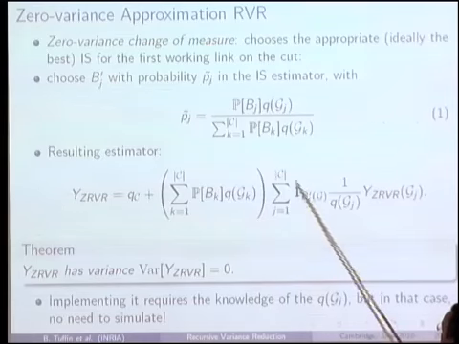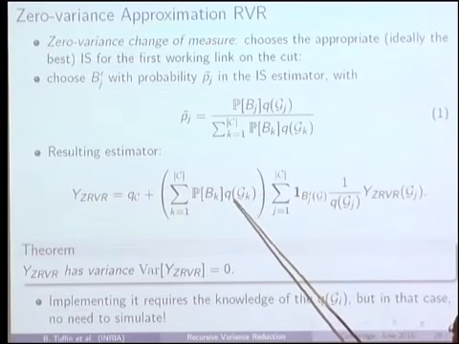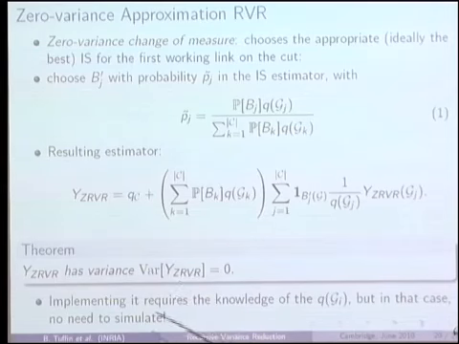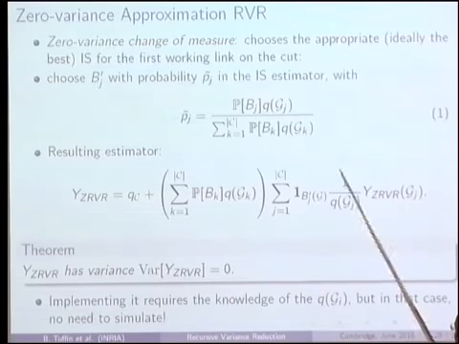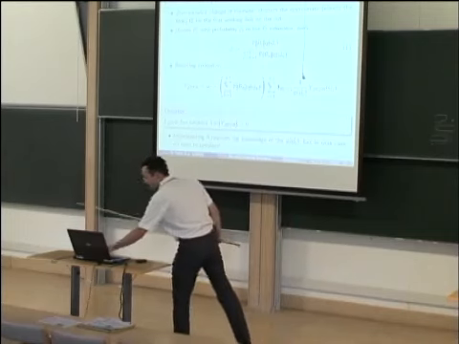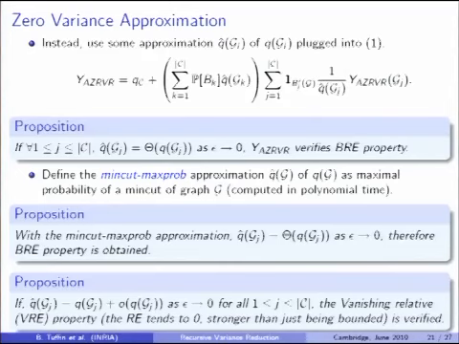And the idea is to replace the given value of Q by a heuristic or a simple approximation of those unreliabilities, and that we will call hat Q. So we just have exactly the same estimator, but Q of the different graphs is replaced by an approximation.